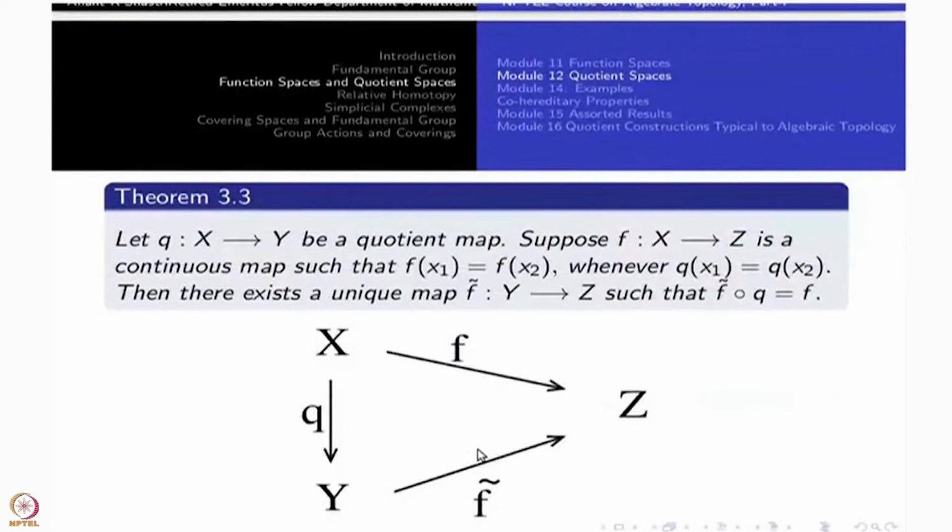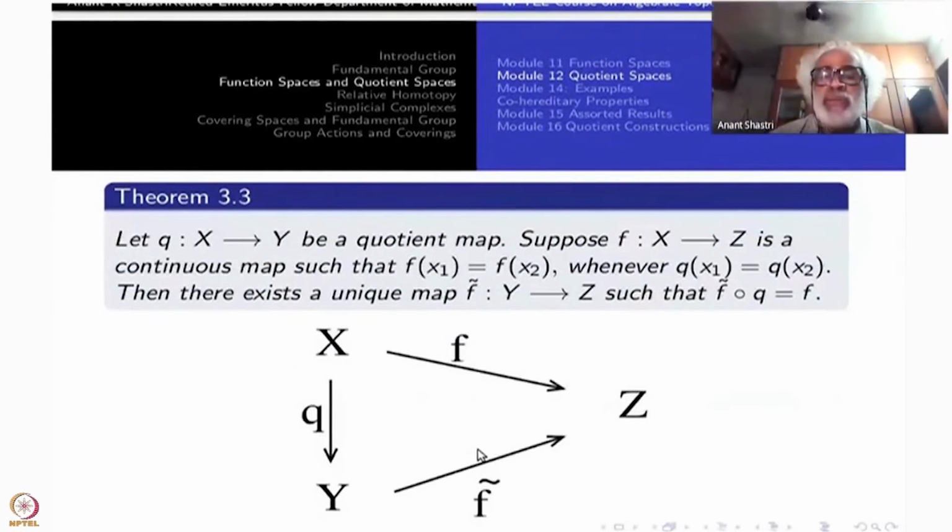Now take any continuous function F from X to Z, which as a function factors down from Y to Z. Factoring down from Y to Z just means that there is an F twiddle such that Q composed with F twiddle is equal to F.